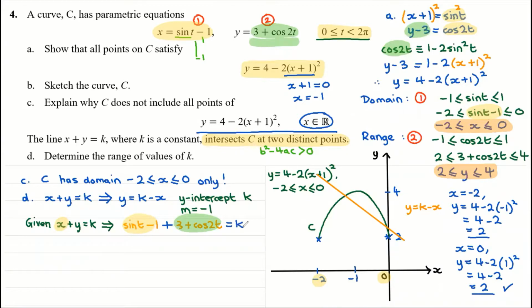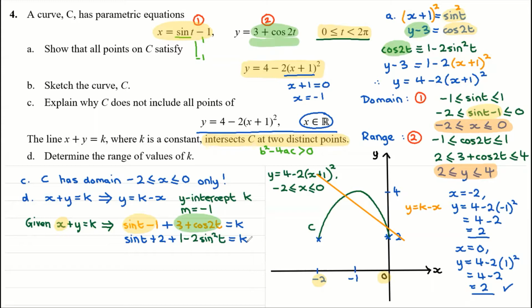Okay. Right, now we can tidy it up a bit. So we've got sine t plus 2 plus, now just for the sake of room, I can replace the cos 2t with 1 minus 2 sine squared t, which we've done several times already, which you may have anticipated was going to happen, is equal to k. And then I can create a trigonometric quadratic in terms of sine.